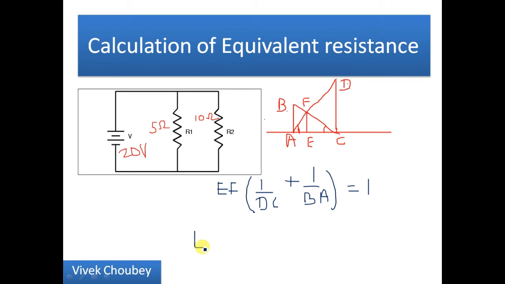So finally from here, if you do a quick calculation, you will get that EF is equal to DC multiplied by BA, or AB, whatever you say, upon DC plus BA.